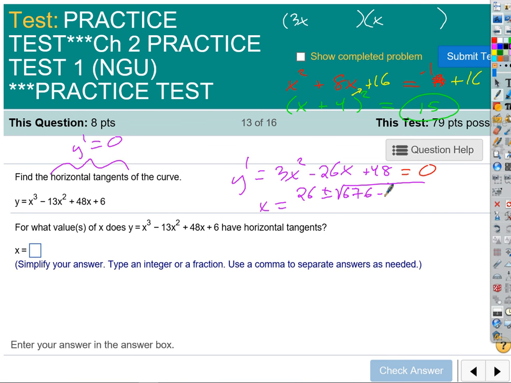Minus 4 times 3 times 48, so 12 times 48 is 144 times 4, which is 576? I think so. All divided by 2a, and so we're going to get 26 plus or minus the square root of 100, which is 10. So we're going to get 36 over 6, which is 6. So either x equals 6 or 16 over 6, which is 8/3.